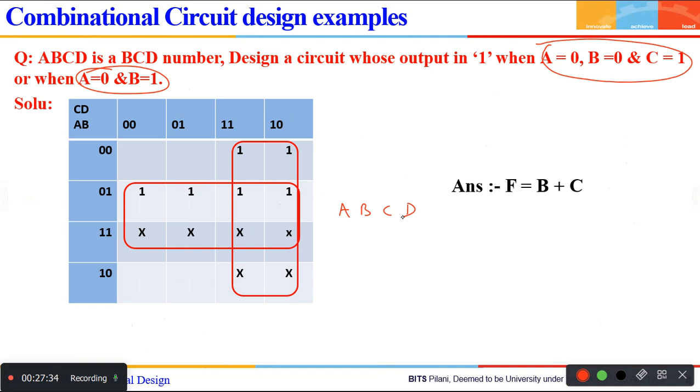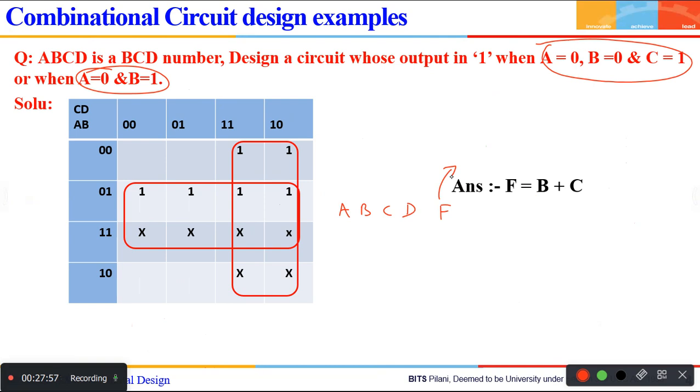There are 16 combinations. And you have one output F. This output F is going to be 1 when A is equal to 0, B is equal to 0, and C is equal to 1. It's compulsory.